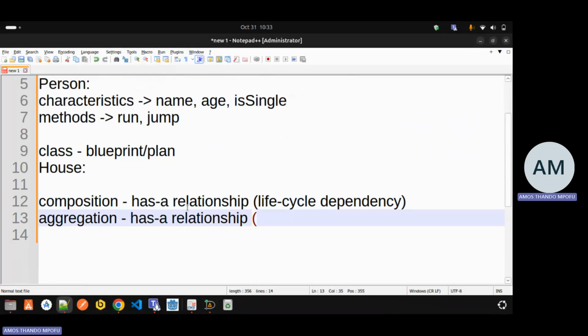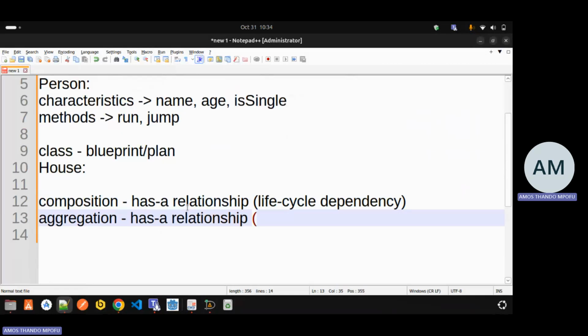For example, the heart is contained within a human being, right? If the human being, the object that contains the heart, didn't exist, the heart wouldn't exist. So that would be composition. There's a life cycle dependence. And why are we calling it life cycle dependency? Because its life cycle is dependent on the outermost object, which is the human being.